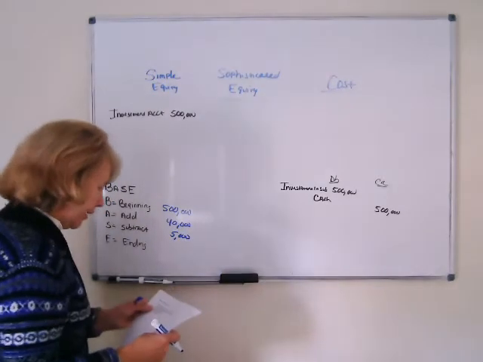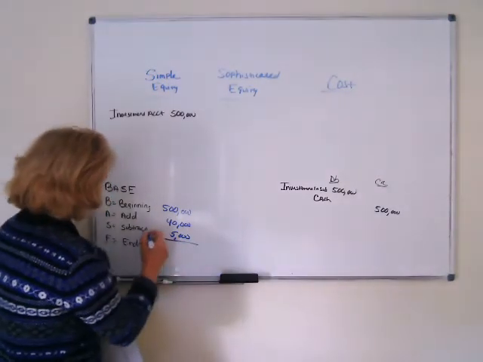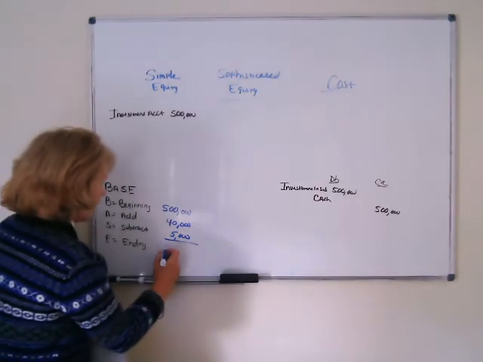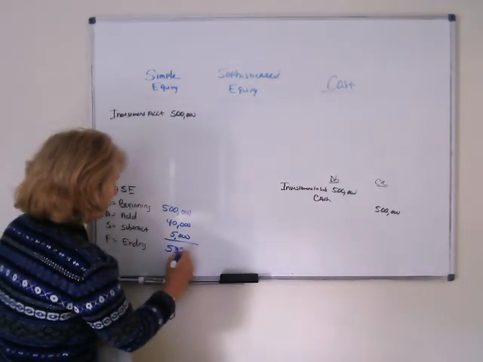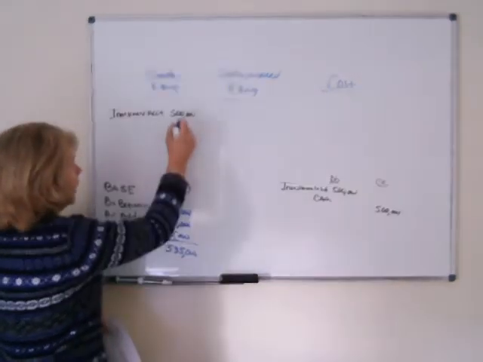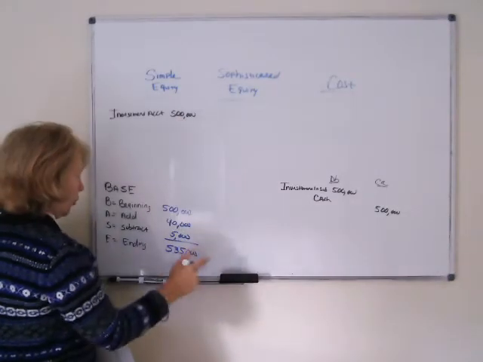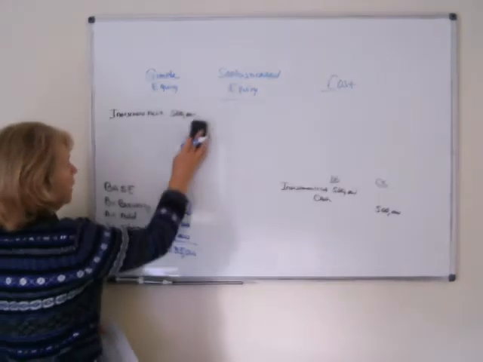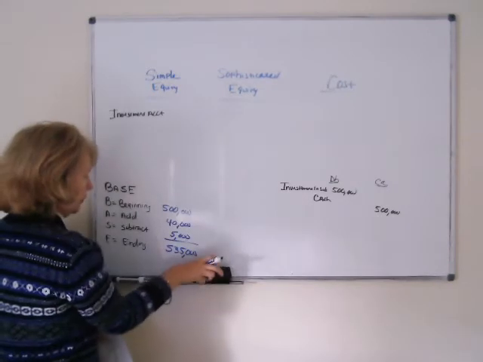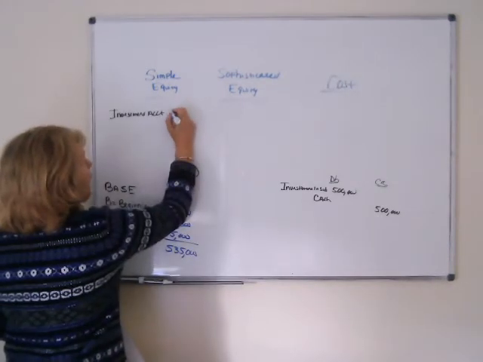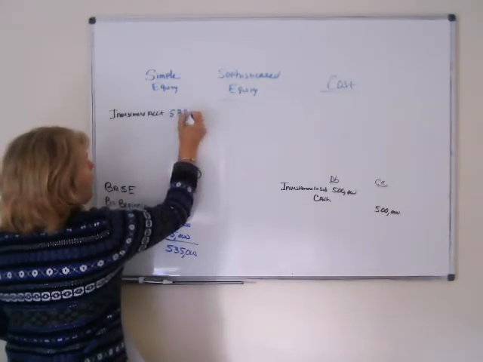And then finally, that will give you your ending. So for the simple equity, the investment account is 535,000. So let me just erase this now. That was your beginning. And we're going to put in 535,000 for the investment account.